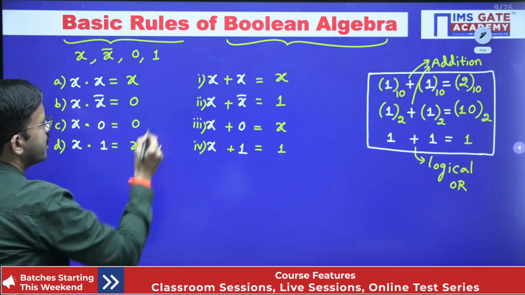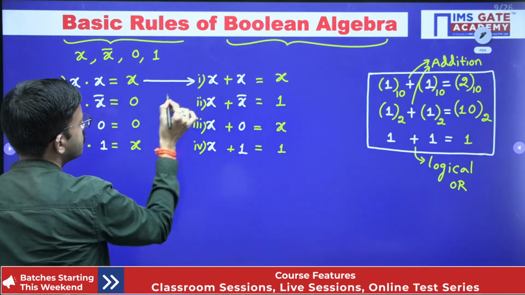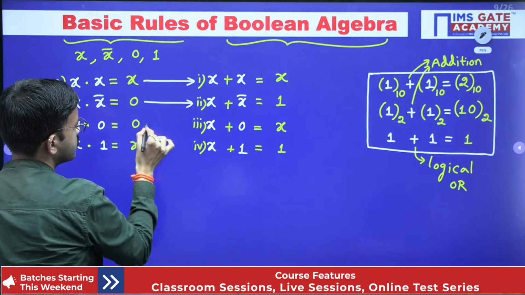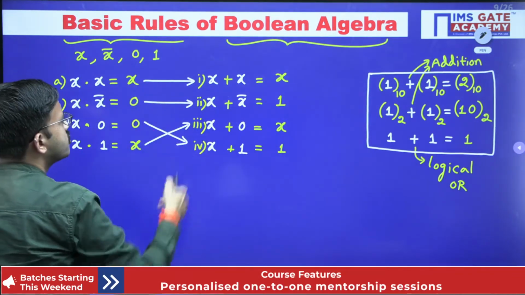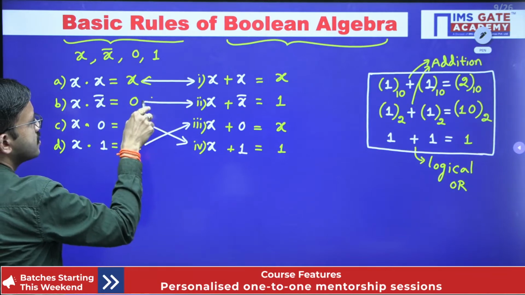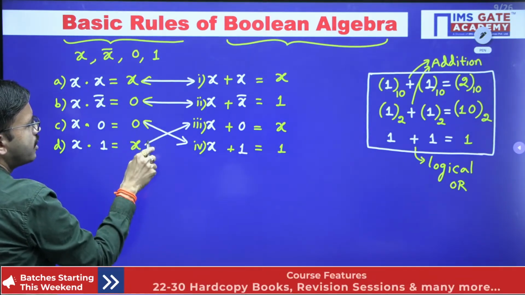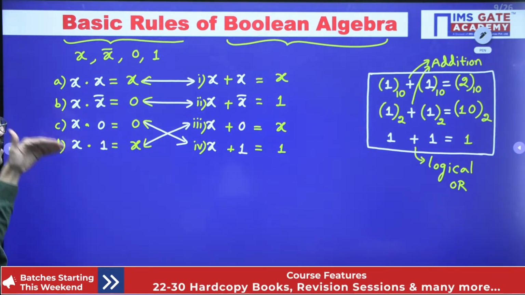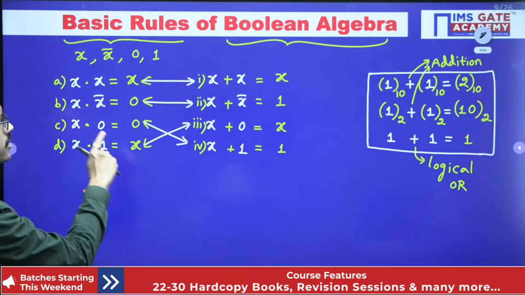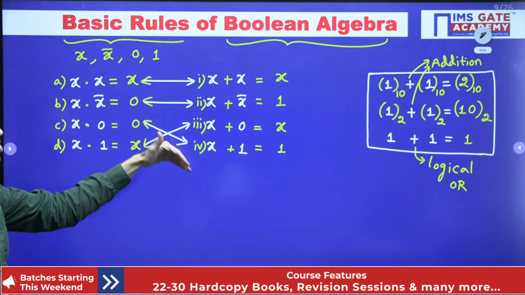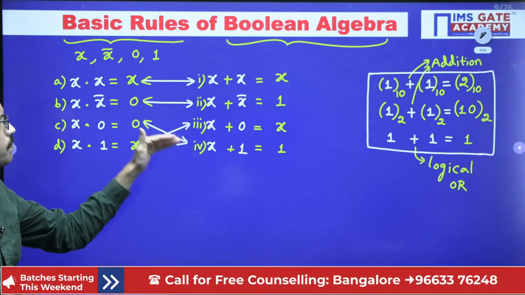Just observe these arrow marks, and tell me what your observation is. If you want, you can observe in the reverse way also, either from left to right or from right to left, according to the arrow direction, forward or backward.